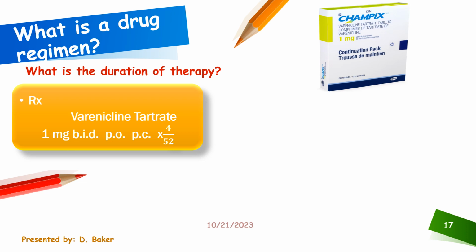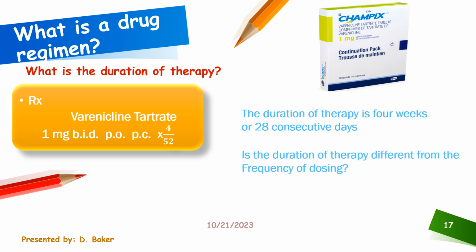Now, next question, what is the duration of therapy? And recall, for duration of therapy, it's how long the patient is supposed to be taking the medication. If you came up with a duration of 4 weeks or 28 consecutive days, then indeed you would have been correct. Now, is the duration of therapy different from the frequency of dosing?